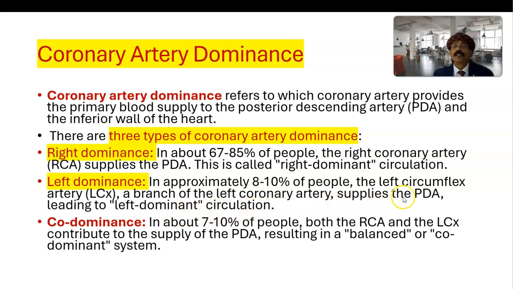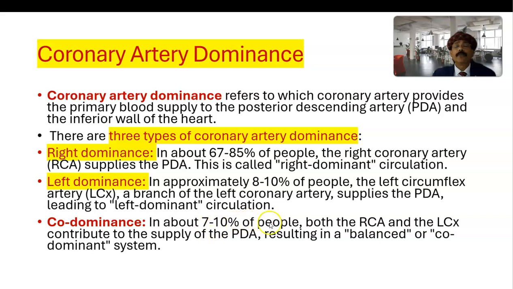That means that the posterior descending artery or posterior interventricular artery may be a branch of the left circumflex artery, that is a branch of left coronary artery. In that condition, we call that a left dominant coronary artery.